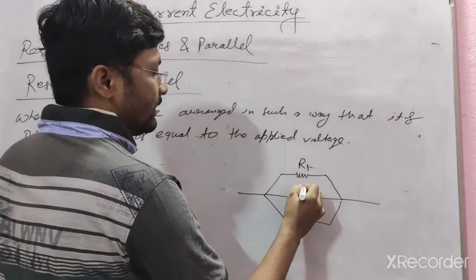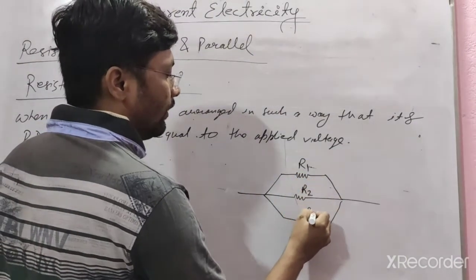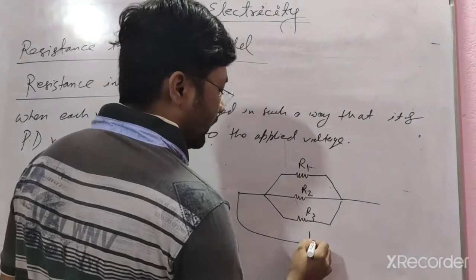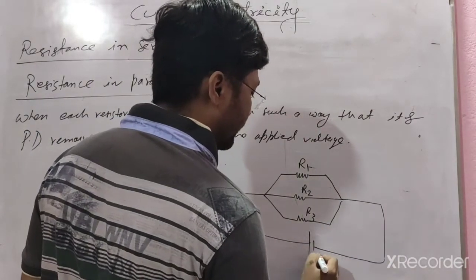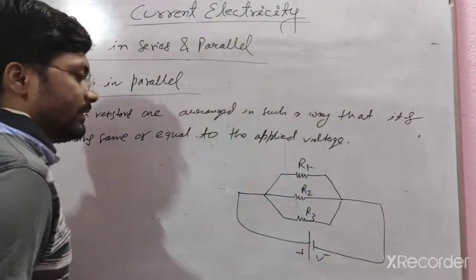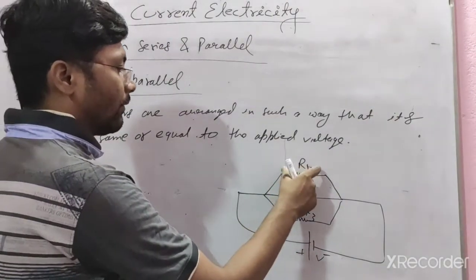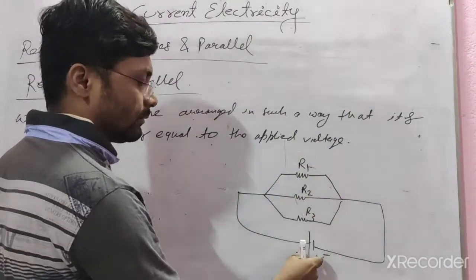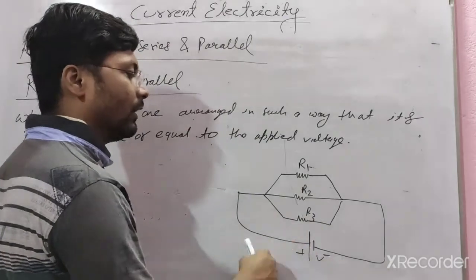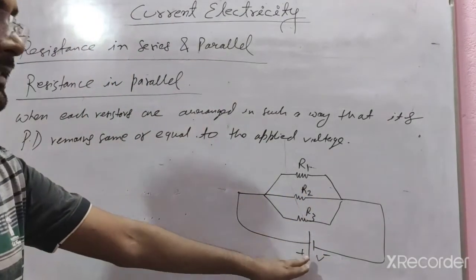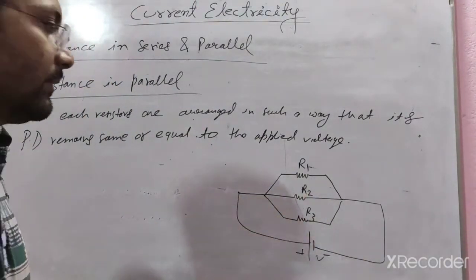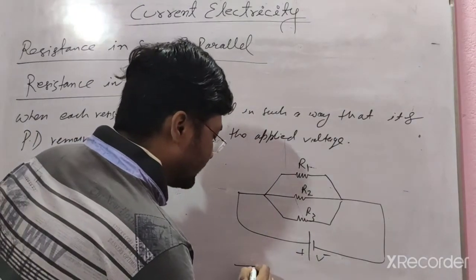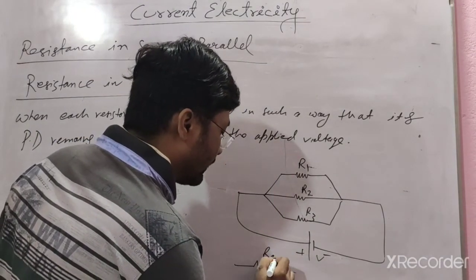Let there be resistors R1, R2, R3 connected to a common potential V. Then each of the resistors has the same voltage. R1 has voltage V, R2 has voltage V, R3 has voltage V. All the resistances have the same voltage, equal to the applied voltage. And its equivalent resistance is Req.